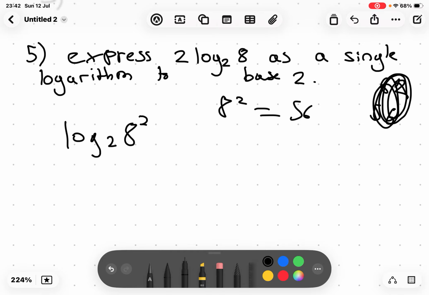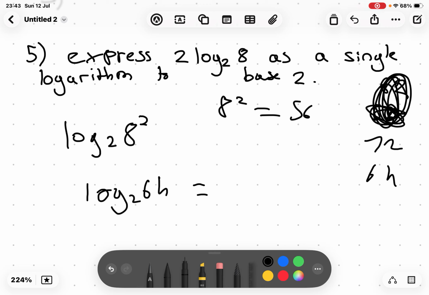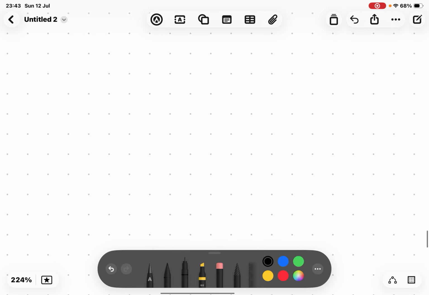No, I'm fully wrong. 64. Yes. And this was also wrong even by taking away. So then what we get is log 2 to the power of 64. And the answer of this is going to be huge. I don't want to work it out.